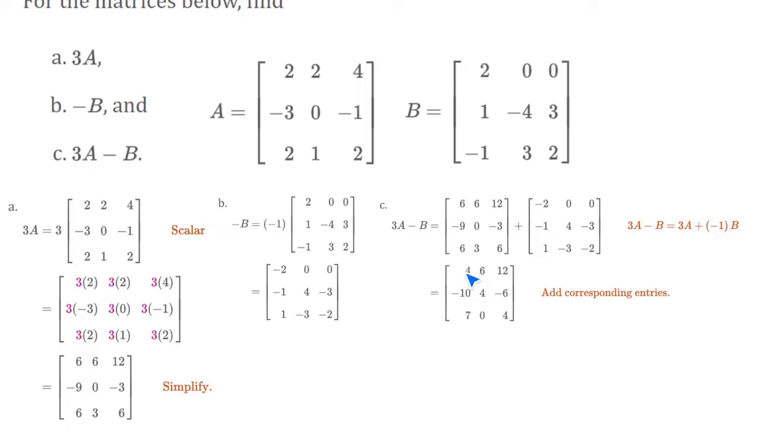So we would just add 6 plus negative 2 is 4, 6 plus 0 is 6, 12 plus 0 is 12, negative 9 plus negative 1 is negative 10, 0 plus 4 is 4, negative 3 plus negative 3 is negative 6, 6 plus 1, 7, 3 plus negative 3, 0, 6 plus negative 2 is 4.